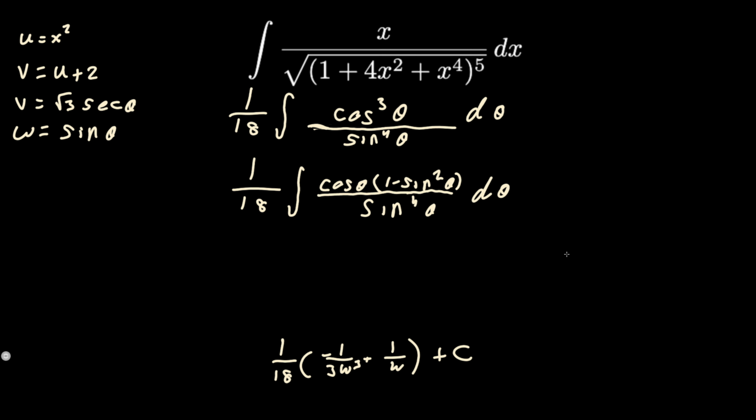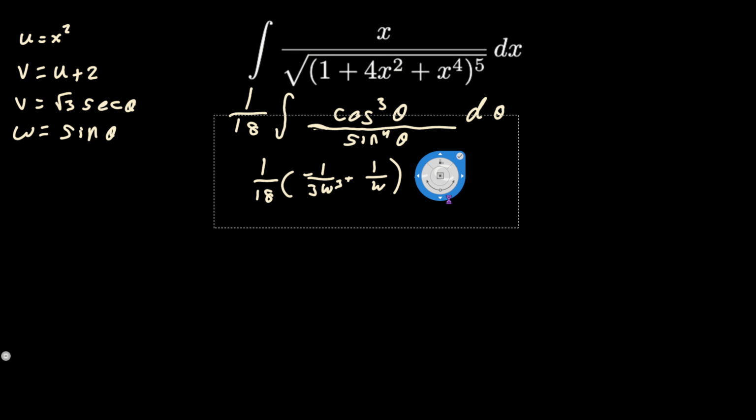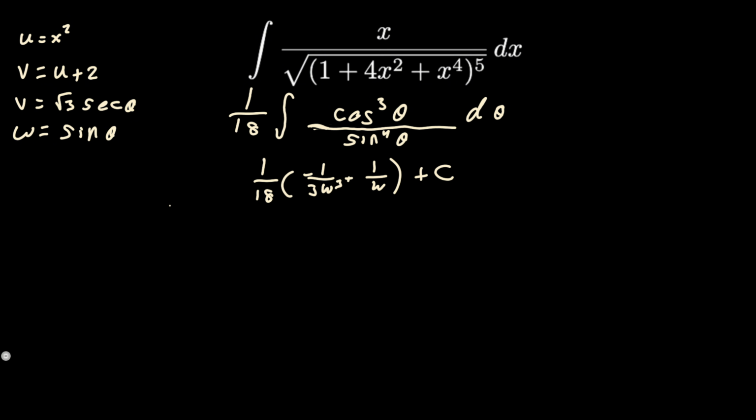So now working backwards, we're going to undo our substitutions. So 1 over 18 times 1 over sine, which is going to be cosecant theta, minus 1/3 cosecant cubed theta plus c.